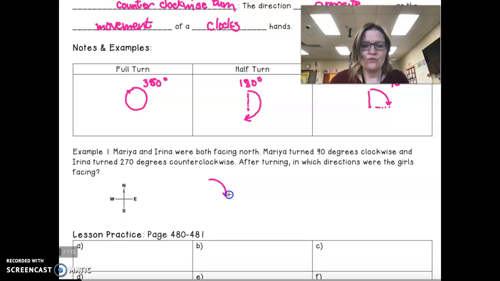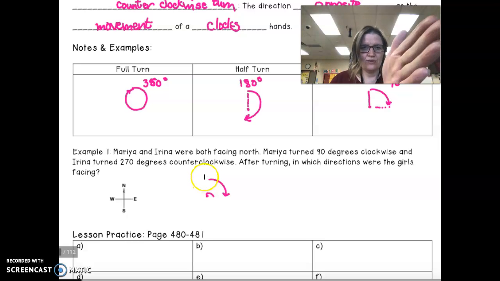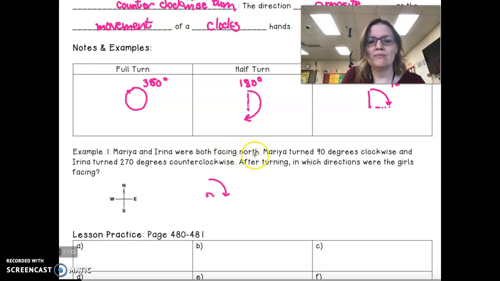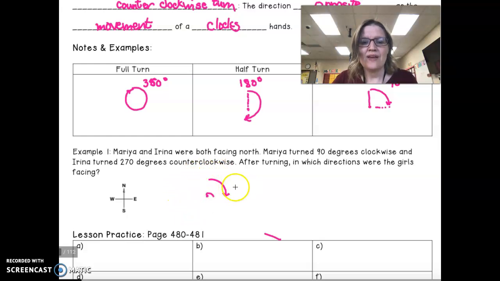So she's starting here, her body is starting here, and she's turning it this way. She was facing north, and she will be facing east. So Maria is facing east.